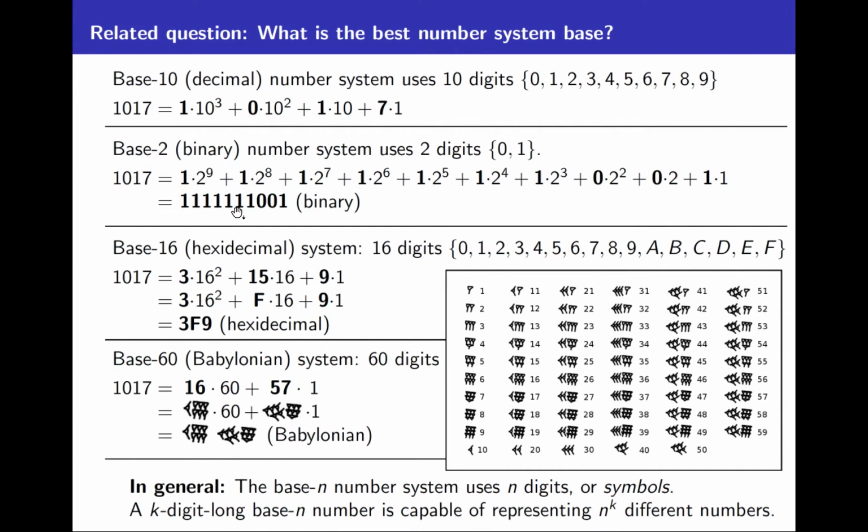So for example, in base 10, if we make k 3, a 3-digit long base 10 number is capable of representing 10 to the 3 or 1,000 different numbers. They would be starting with 000 all the way up to 999. That's 999 plus 0, and that gives you 10 cubed, or 1,000 different numbers.